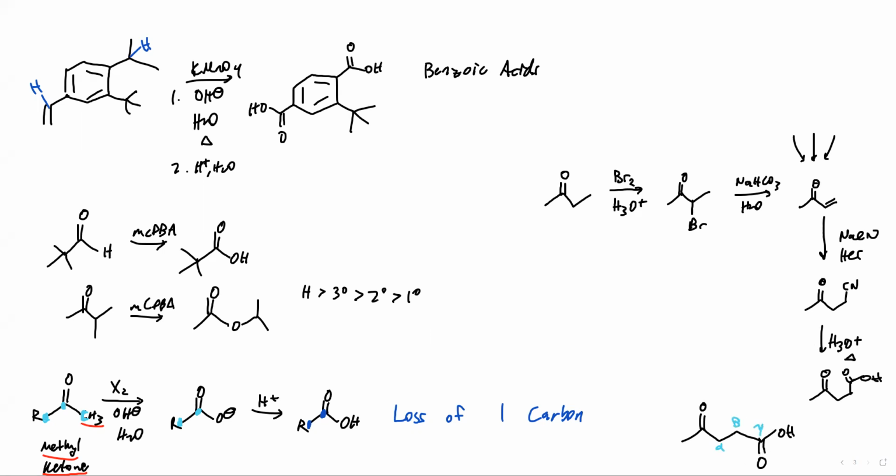Technically the acid gets naming priority, which unfortunately now you guys need to know how to name things. But as long as there is a gamma relationship between the ketone and the acid, or a 1, 2, 3, 4 relationship, this is your signal that we probably went through the enone.